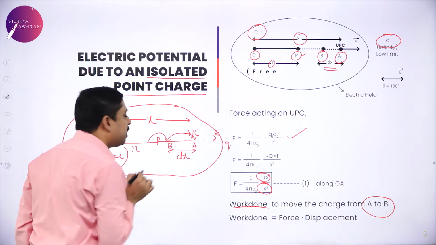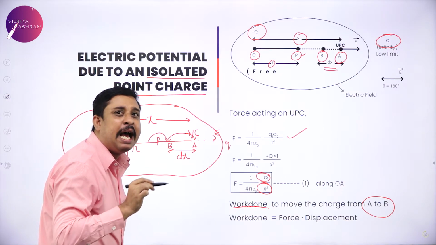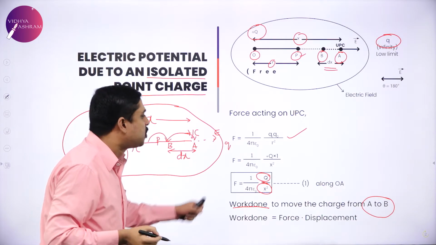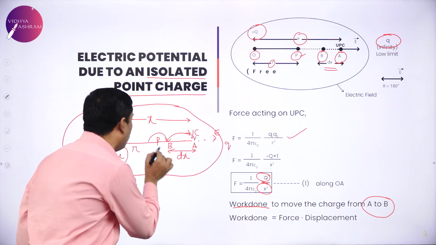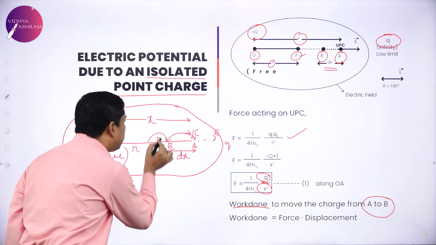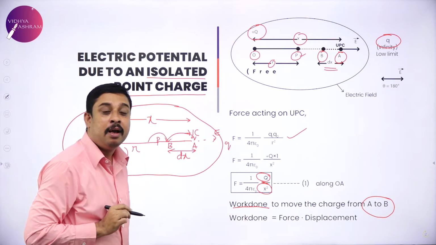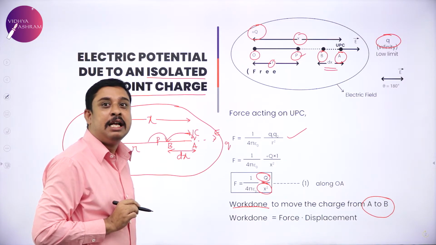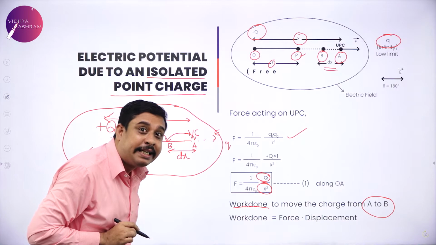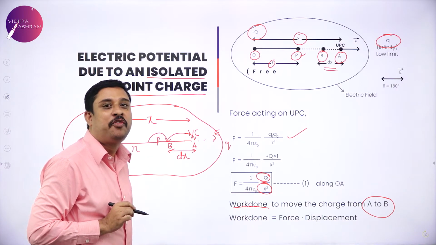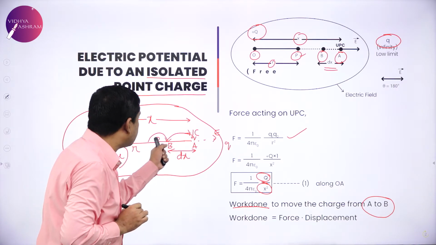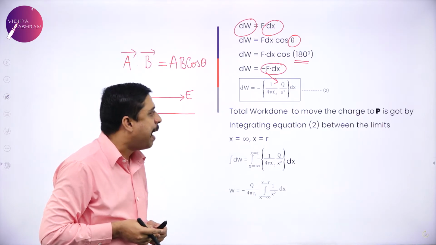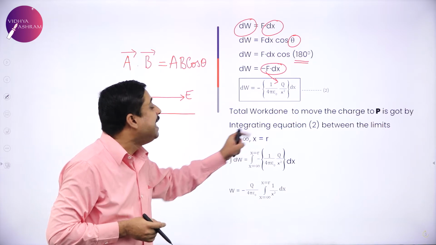Further, from B to some other point I have to move, again doing a small amount of work equal to that dW. Again, from B to some other point. But how will I calculate the total work done to move the charge to this point P? A new method of mathematics called integration.